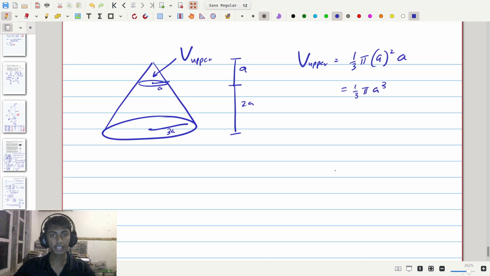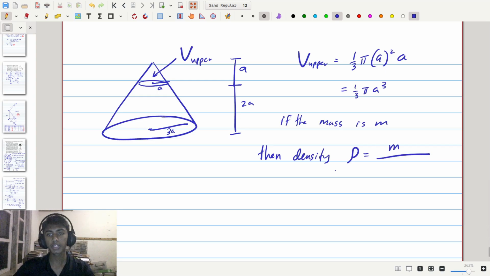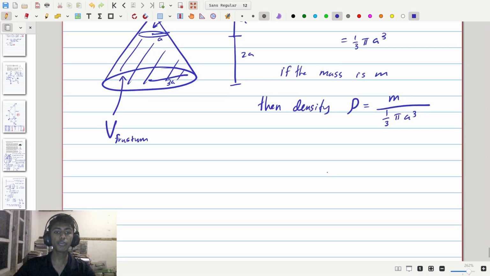Now, if the mass is m, then density rho is equal to mass over volume, which is m divided by 1/3 pi a cubed. Let's suppose that the rest of the cone has a volume called V frustum, because the frustum is the object we're looking for here.